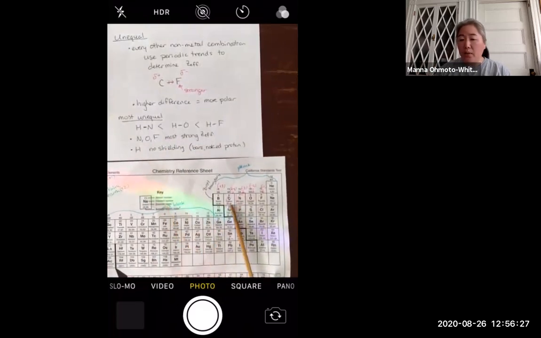Even though it has the same Z effective as carbon, more or less, when it forms that bond with nitrogen, oxygen, and fluorine, unlike carbon, which has the shielding of helium, hydrogen has no shielding. So as the electron is being pulled toward one side, it exposes on the other side what we call the bare naked proton, an unshielded proton. And it's hard to get more partially positive than an unshielded proton.